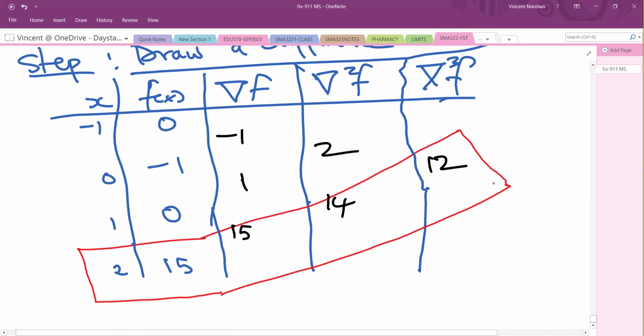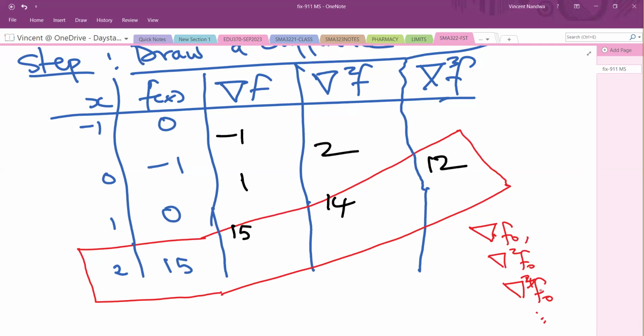So let it be noted that the way we read the backward of f naught, second backward of f naught, fourth backward of f naught, third backward of f naught, etc., when we want to interpret the Newton backward interpolation formula, they are actually not exactly the same values if you are to interpret the table in general form.